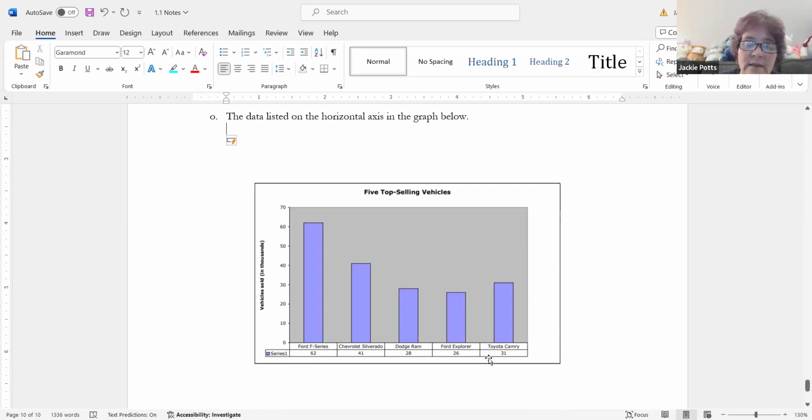If you went by the Ford F, Chevy, I would tell you it's qualitative, right? So if you went with that, you would tell me also nominal. However, the one they're meaning is the second one.